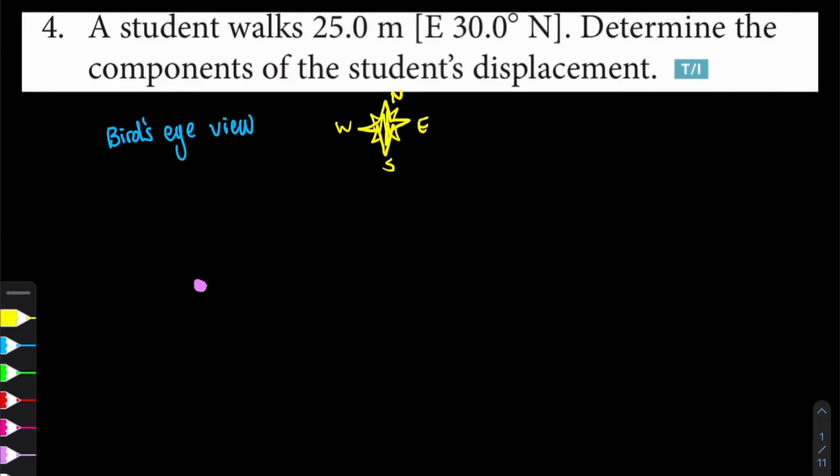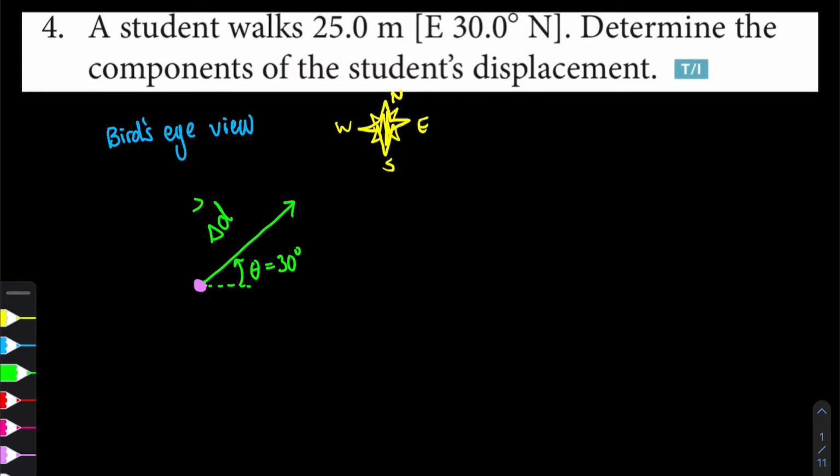Now we can determine the directions. So our displacement vector is 25 meters, and the angle is, if you first start at east, you rotate 30 degrees towards north, and again this was 30 degrees, and we have our displacement vector now.